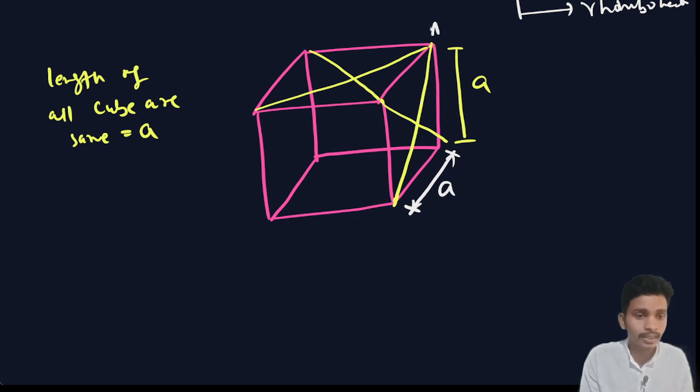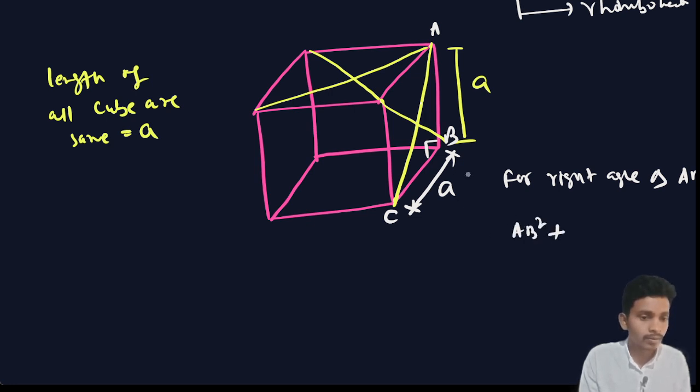Let's say the points are A, B and C. This is a right angle triangle because this angle is 90 degrees. So for the right angle triangle ABC, AB square plus BC square equals the hypotenuse AC square. AB is A, so A square, and BC is A, so A square, added gives 2A square, which is AC square.